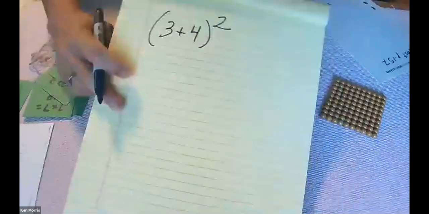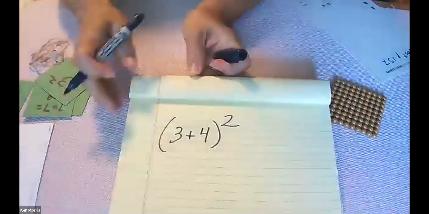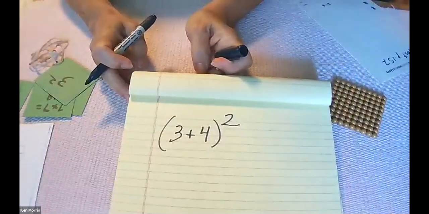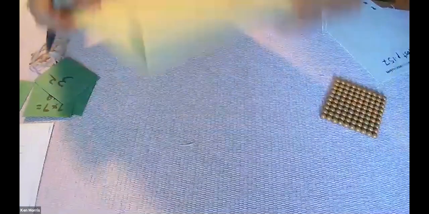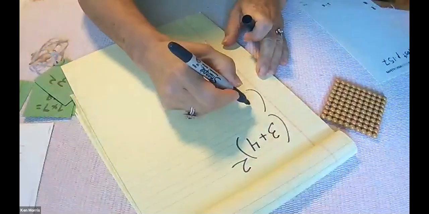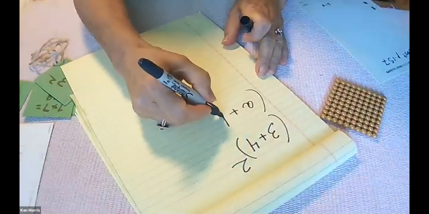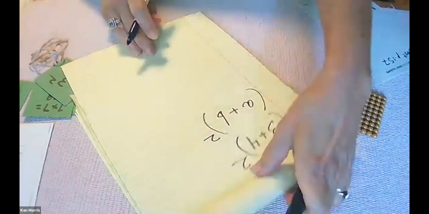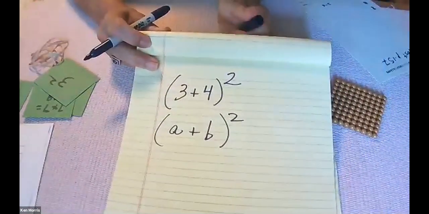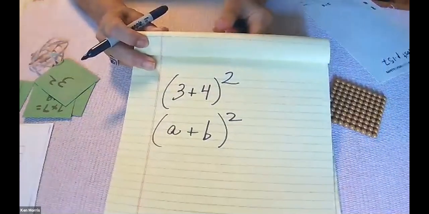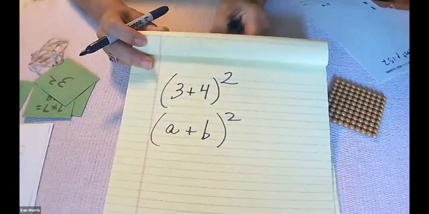For instance, this problem right here, 3 plus 4 quantity squared. Or, as you'll see for level 3s, it's going to become a plus b quantity squared. So this is going to bring us back to Algebra 1, and those of you that loved Algebra 1 will love these lessons.